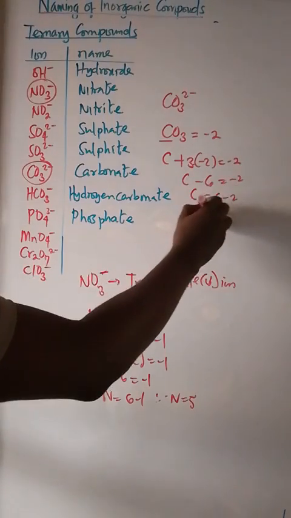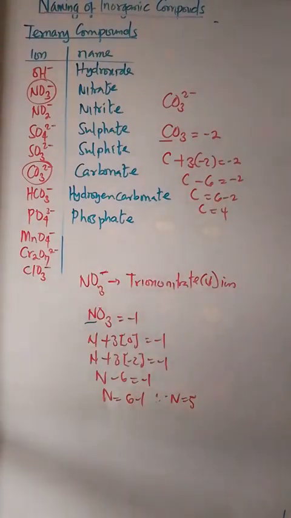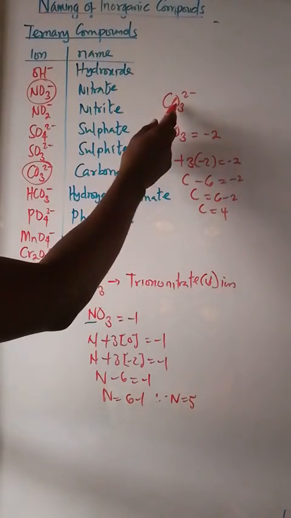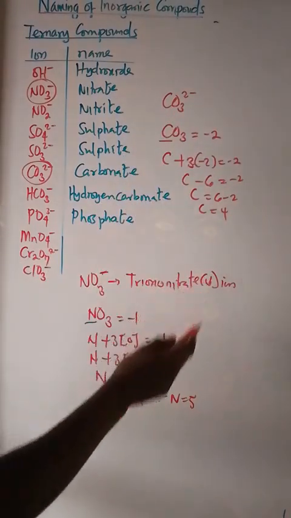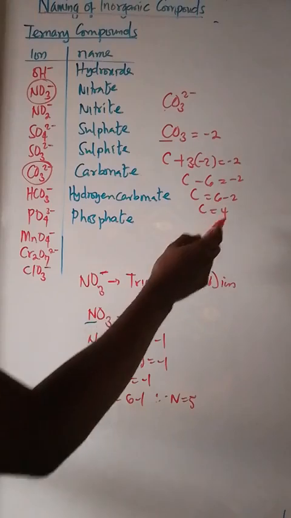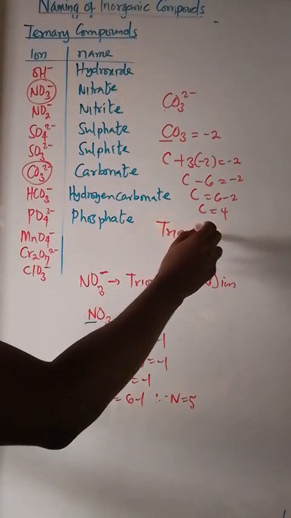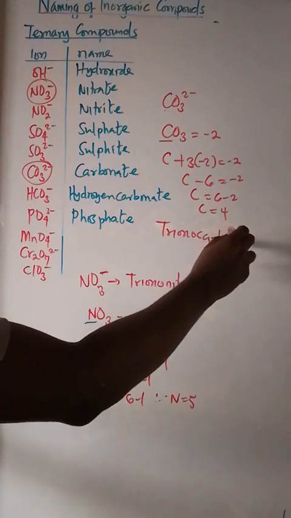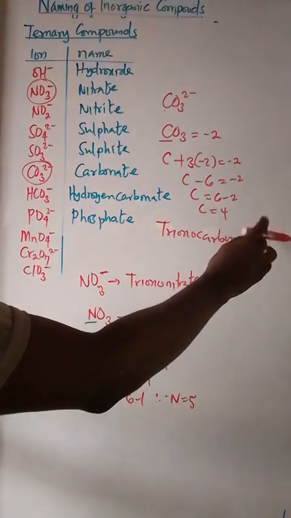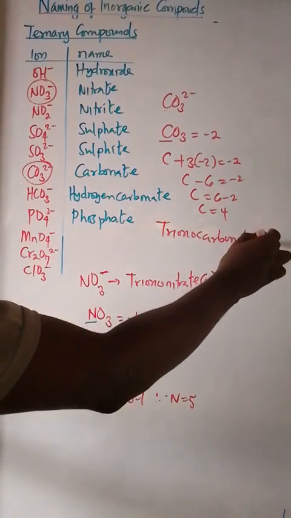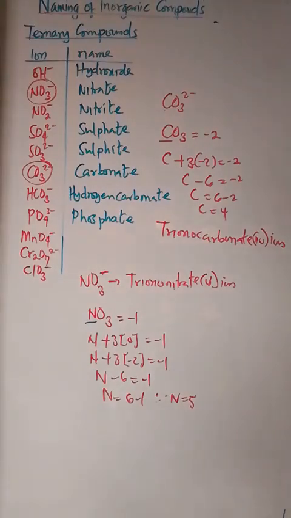That's 6 minus 2. C is 4. So what's the name of this? Trioxocarbonate 4 ion. Trioxocarbonate 4, that's IV, 4 ion.